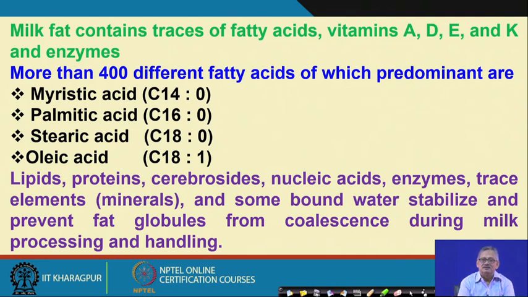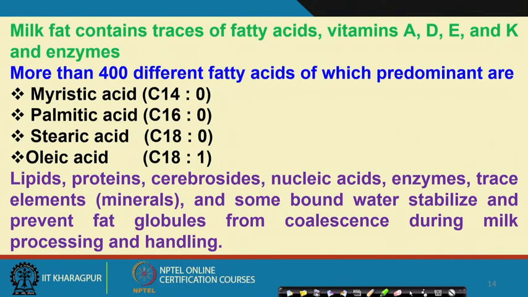But lower number fatty acids, C4, C6, C8, C10, C12, are also present, and we will see in a future class that these lower numbers are volatile fatty acids, whereas the higher numbers are non-volatile.